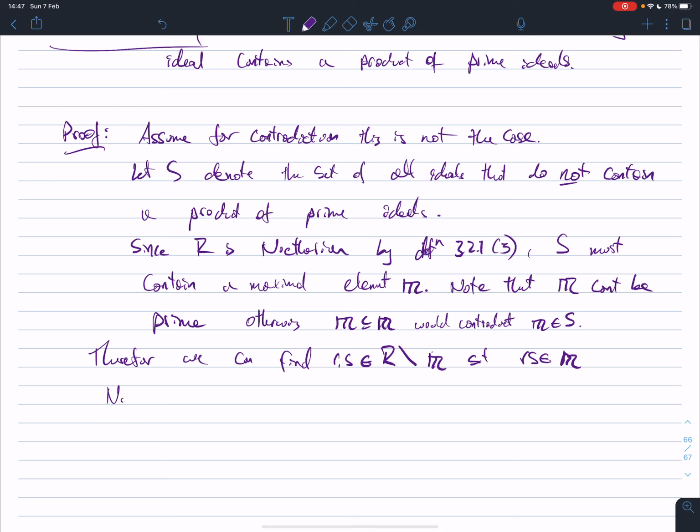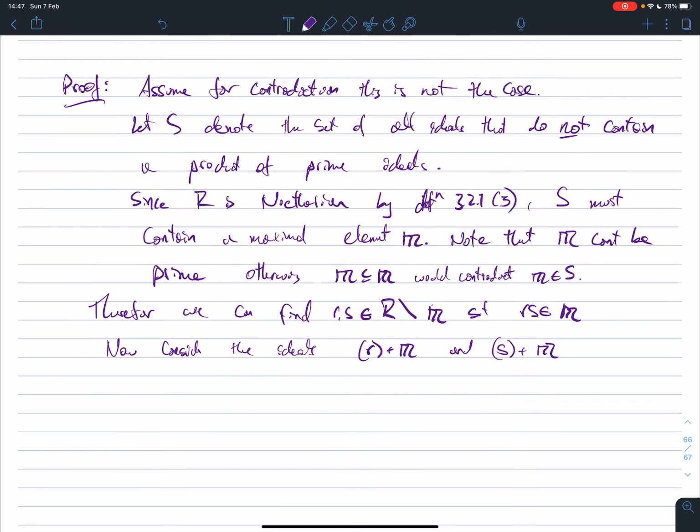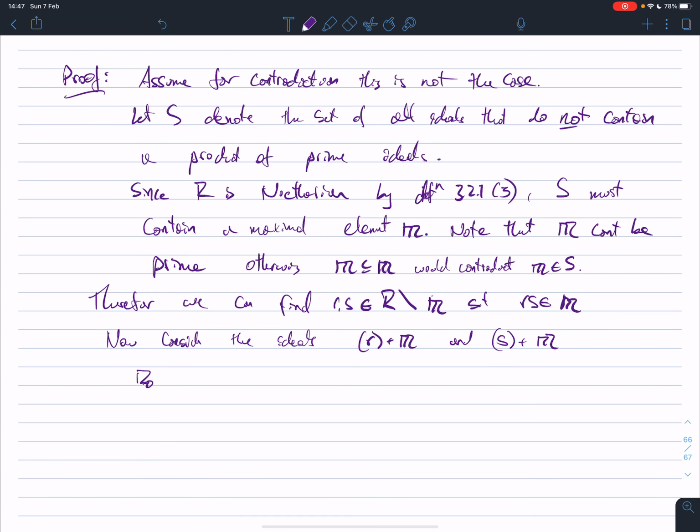Now consider the ideals generated by r plus m, and generated by s plus m. So this is the sum of ideals. Both are larger than m. And so they must contain a product of prime ideals, because m was the biggest ideal which didn't contain a product of prime ideals.